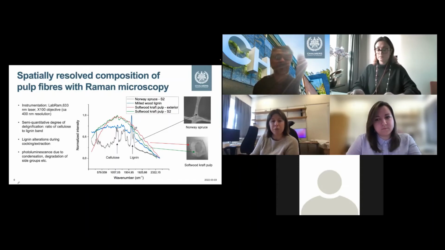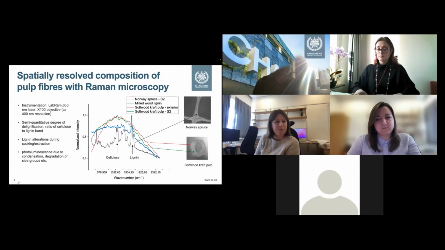There are some very specific Raman signatures from both lignin and cellulose, and this could be resolved at different parts of the Norway spruce sample, or on the different walls of softwood kraft pulp.